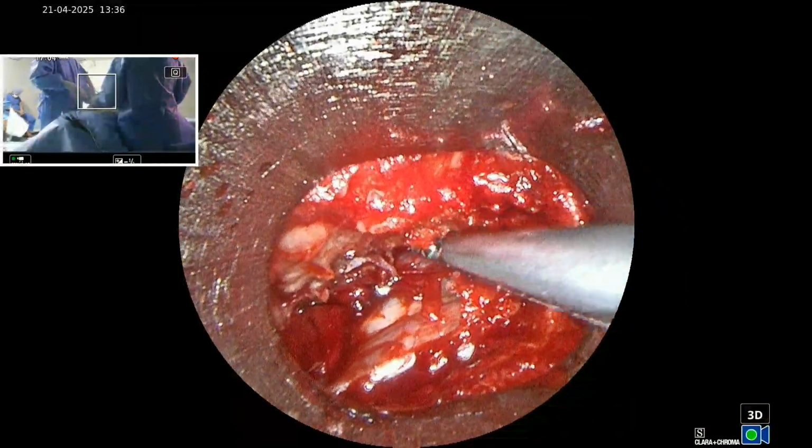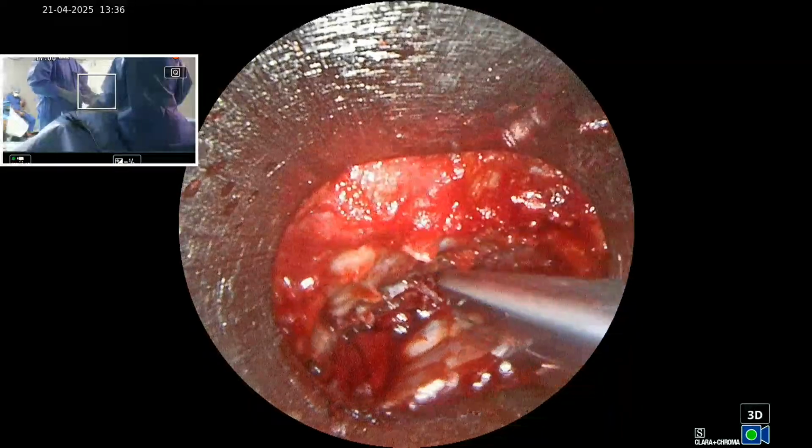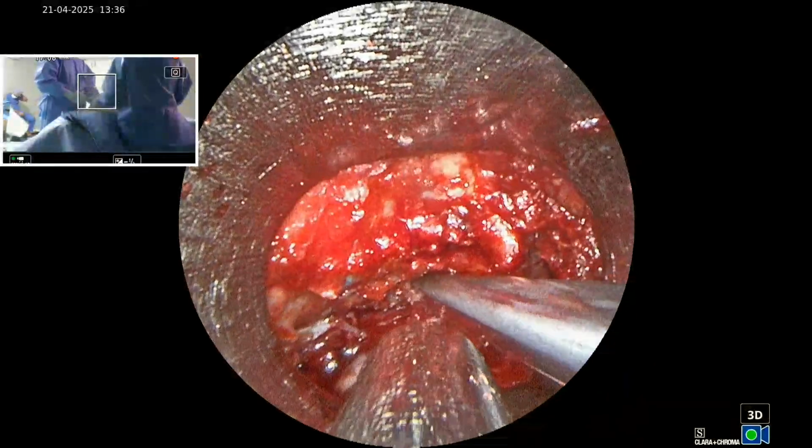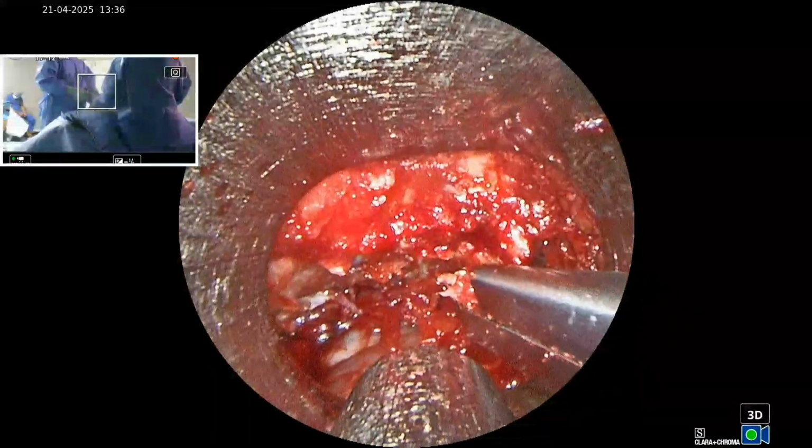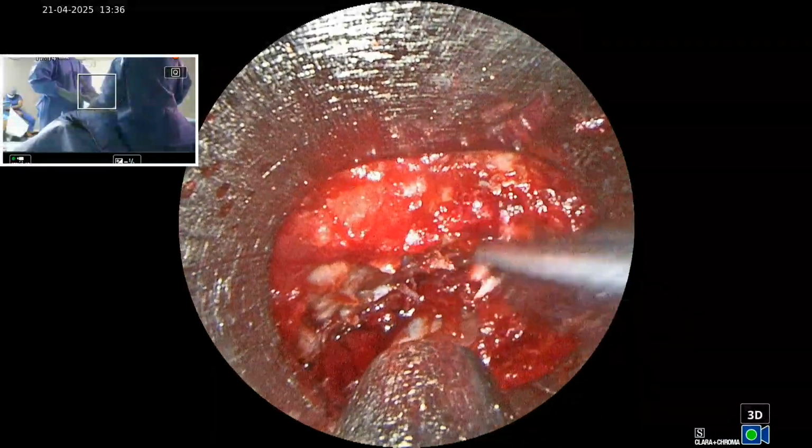3 mm tension is tight, not able to work properly. So I'm taking now 2 mm tension instead of 3 mm.